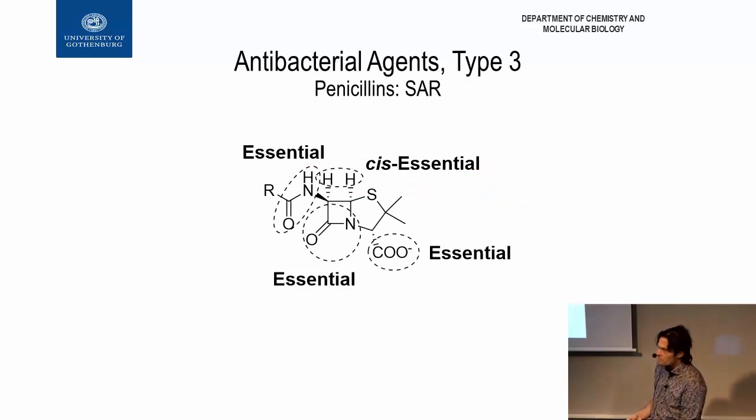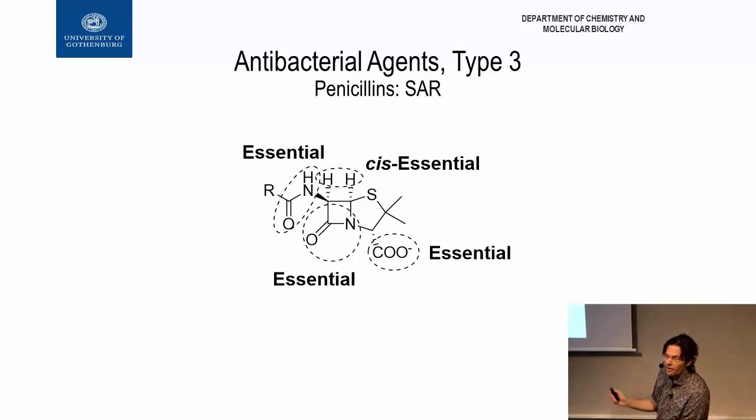This might look a little bit crowded too, but what I've drawn here is the general structure of penicillin, probably one of the most known and most used antibiotics we have. And then you see all these functional groups I put a ring around. There's 4 of them. It says essential.